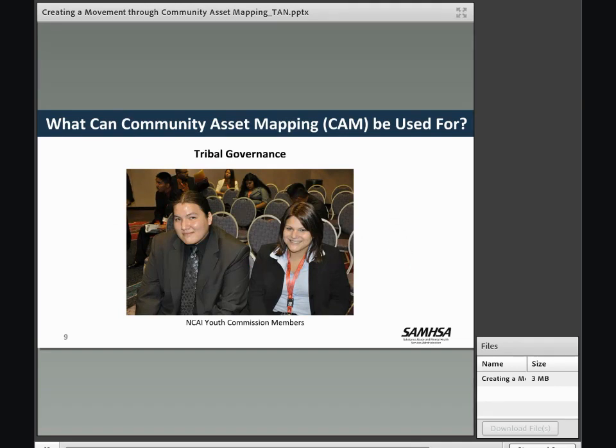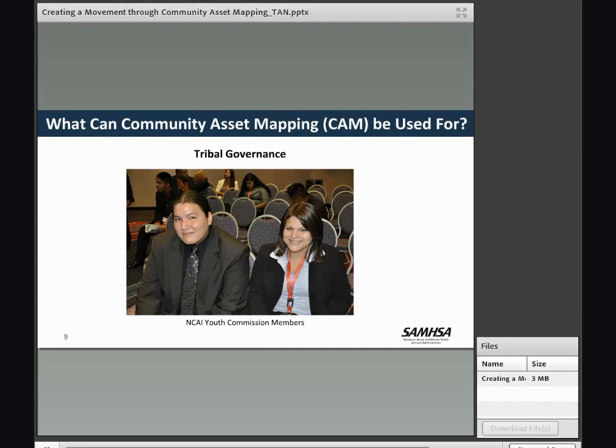So what can community asset mapping be used for? Tribal governance. The picture that you see here is of not current, but former NCI Youth Commission members. But tribal leaders can use community asset mapping to help build momentum in the community to address issues that impact Native youth well-being, and to include more community knowledge into the governing structure.